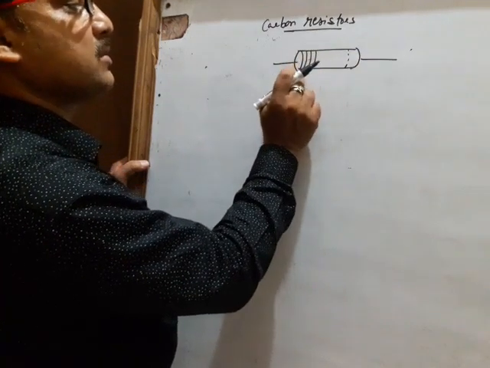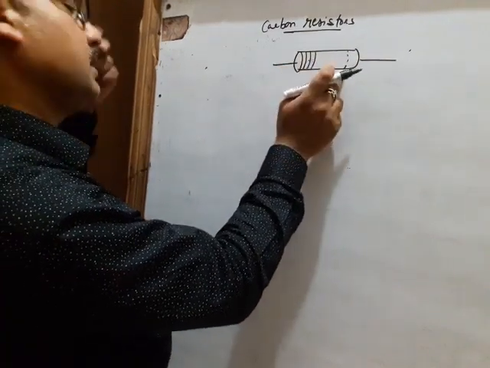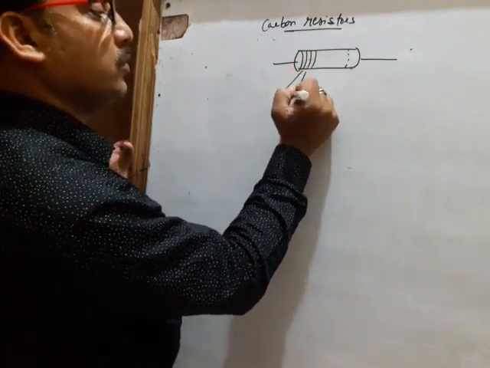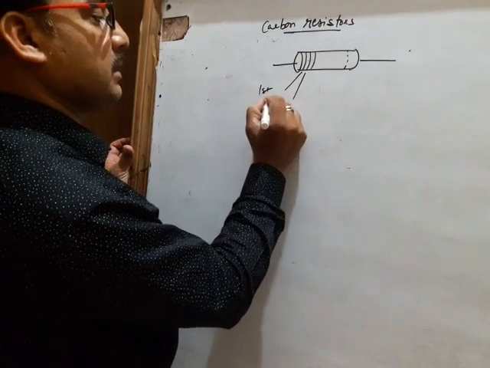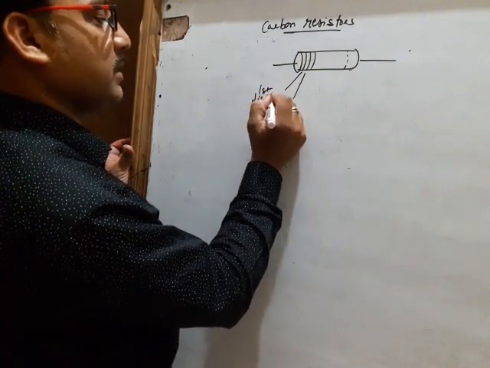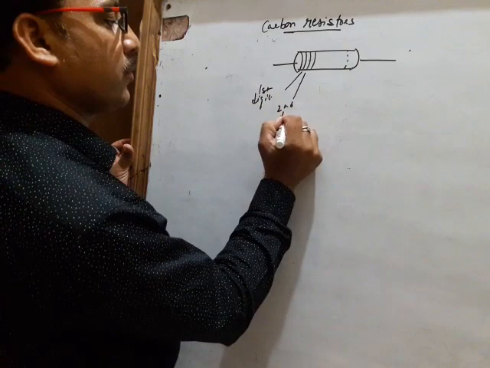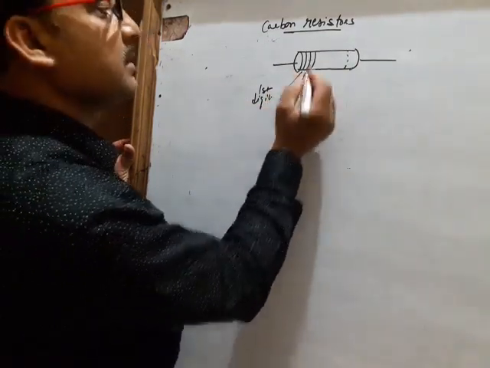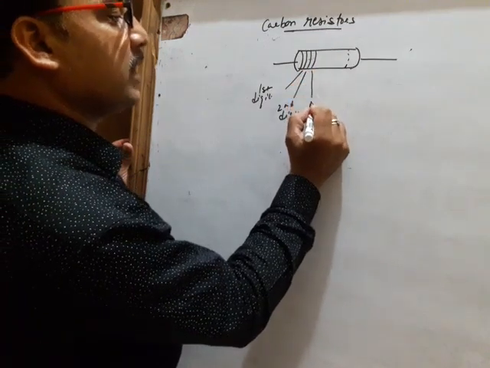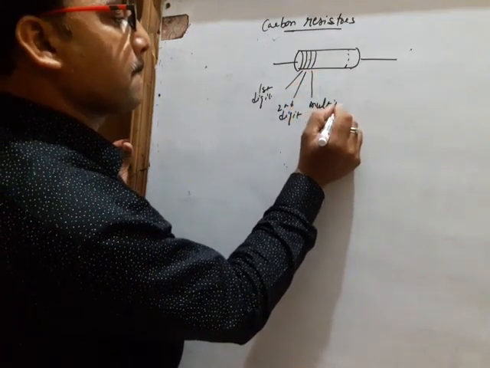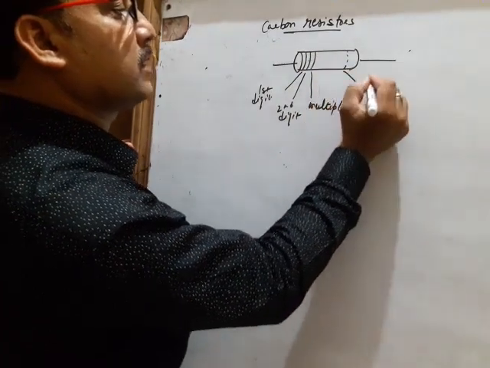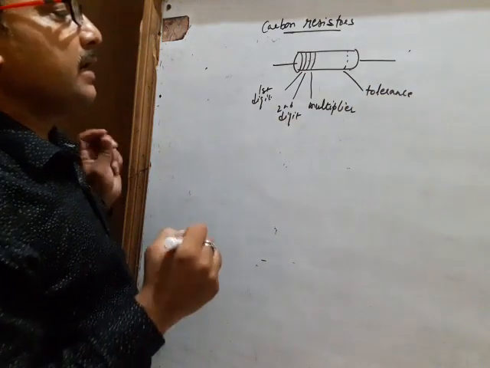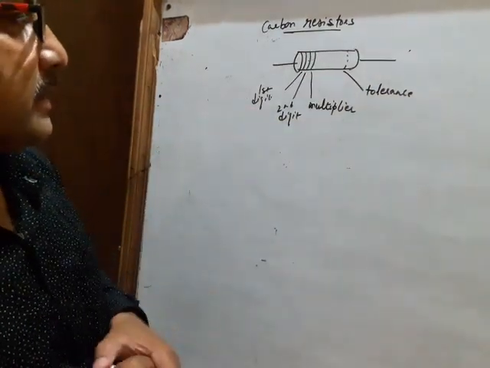There are 3 rings on the left side of this carbon resistor and there may be 1 ring on the right side. The first 2 rings from the left give the first significant digit and second digit, the third one denotes the multiplier, and the fourth one shows tolerance.